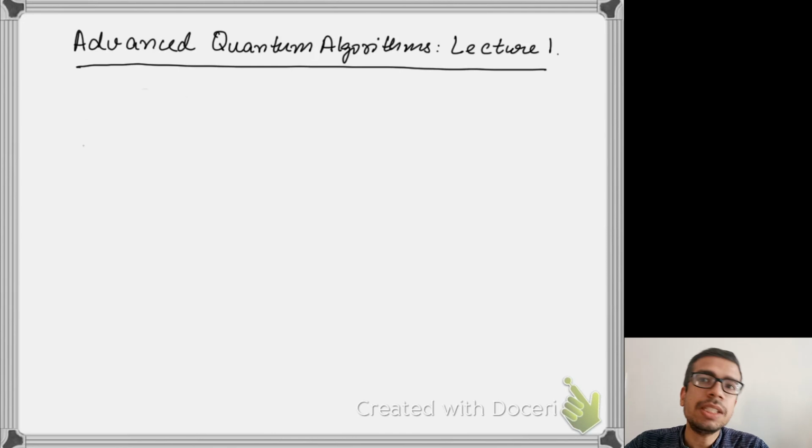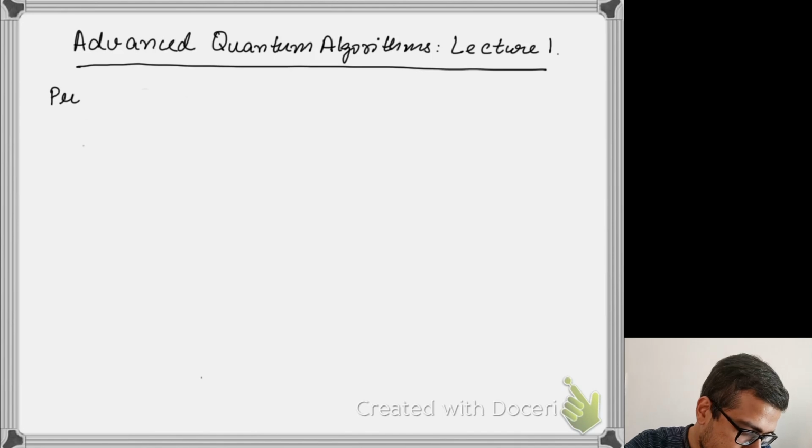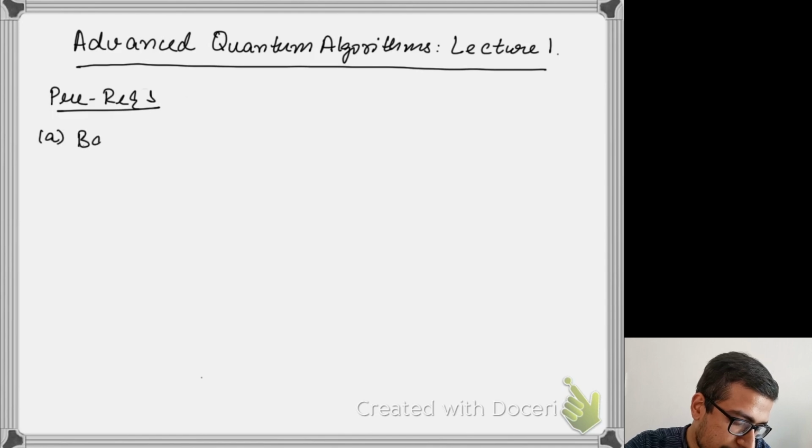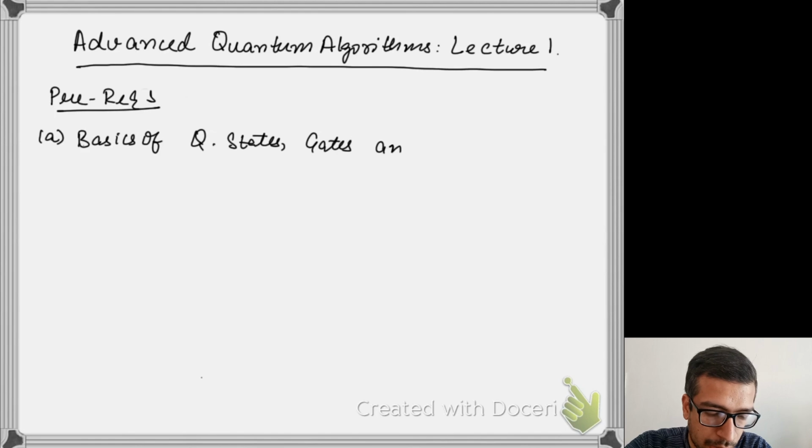As the name suggests, this is an advanced course on quantum algorithms, so we are expected to have some prerequisites. The prerequisites of this course include, firstly, some basics of quantum states, gates and quantum circuits.